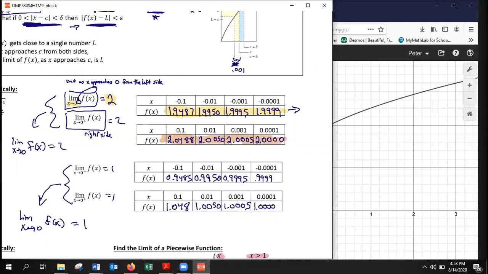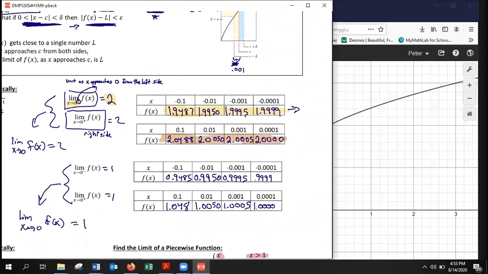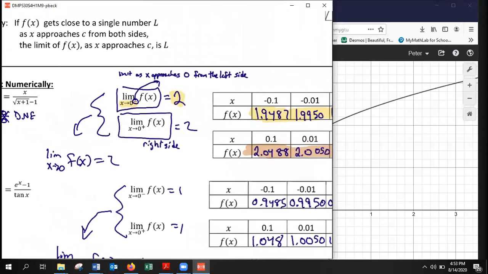So as x approaches 0 from the positive side, so x is getting closer and closer to 0, the y value that comes out of that gets closer and closer to 2. So 0, 2. Now, if both of those are true, we can combine both of those statements into one and say the overall limit as x approaches 0 of f of x equals 2.